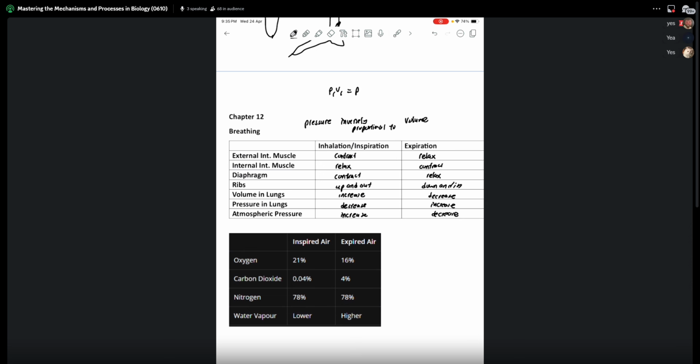Boyle's law. When the pressure increases on one side, the volume will always decrease. When the pressure increases, the volume decreases. When the pressure drops, the volume increases. So that is the concept. Boyle's law is very good to apply here if you are confused.